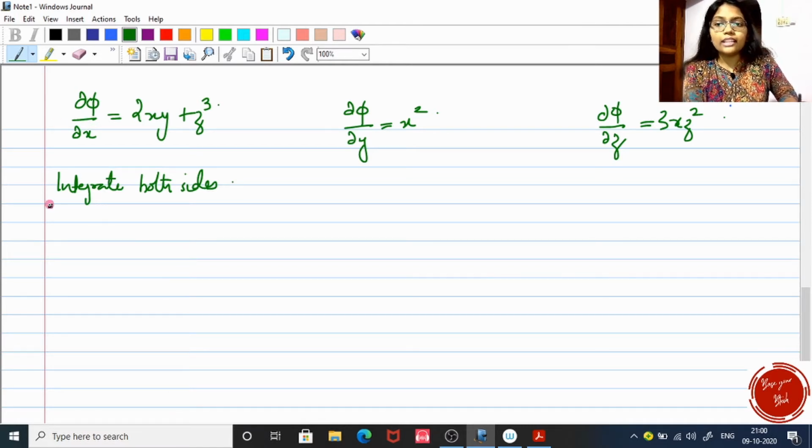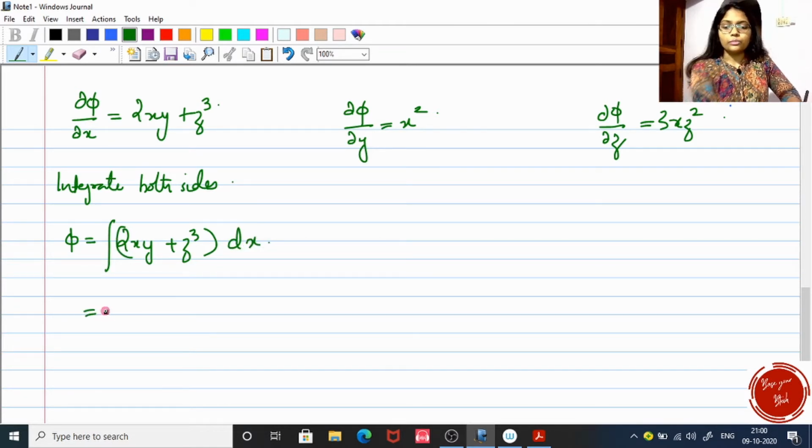So here on the LHS, when I integrate this derivative, this dou by dou x gets cancelled and we will be left with just phi. And here comes the integral of 2xy plus z cube into dx. So how to integrate this? The basic formula is integral x raised to n dx is equal to x raised to n plus 1 by n plus 1, isn't it?